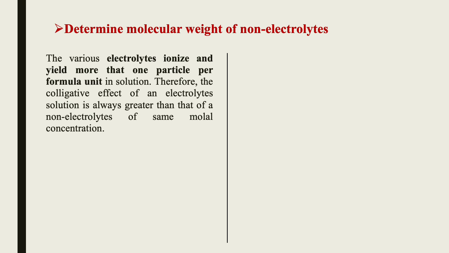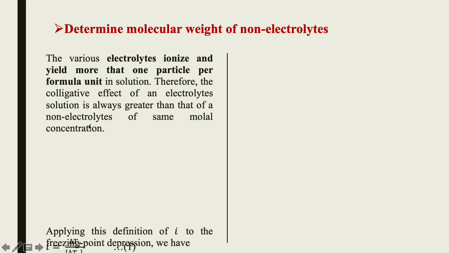So it gets ionized, and that's why you end up with a greater number of particles. If you add one, you will get two. Therefore the colligative effect of an electrolyte solution is always greater than that of a non-electrolyte of the same molar concentration, so i will always be greater than 1.